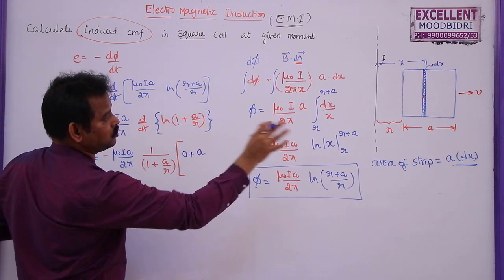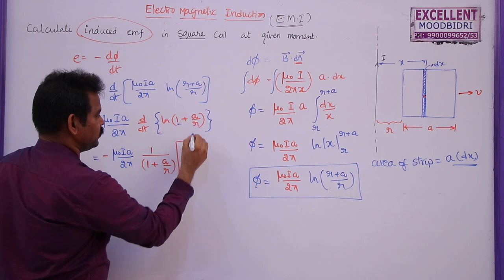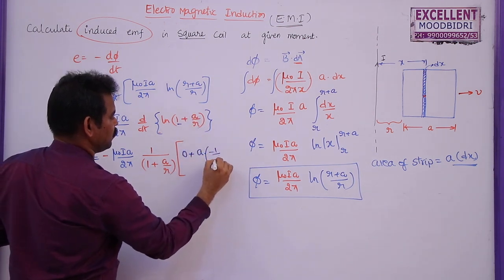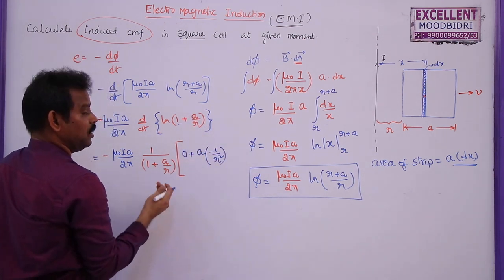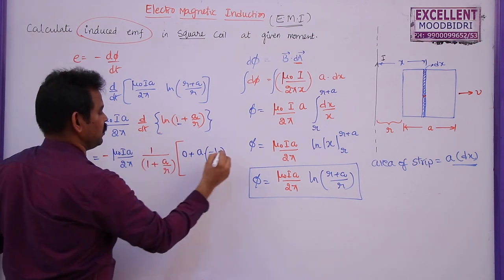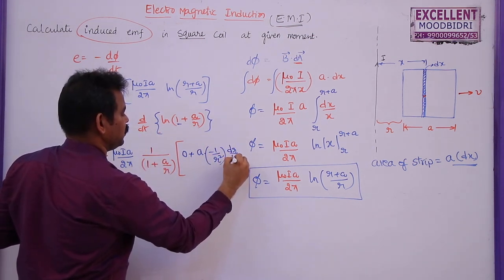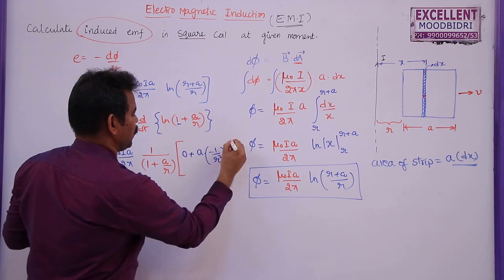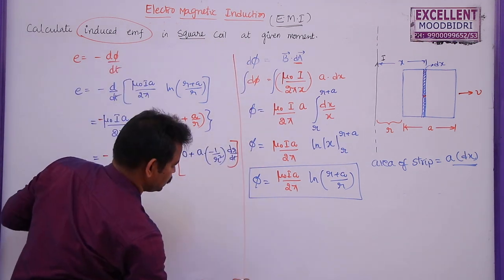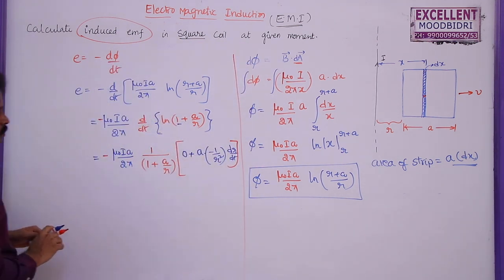As the coil moves away, the r value changes. That's why 1 by r gives minus 1 by r square, and the derivative of r with respect to time is dr by dt. So to solve problems in physics, your basic mathematical knowledge should be strong enough.